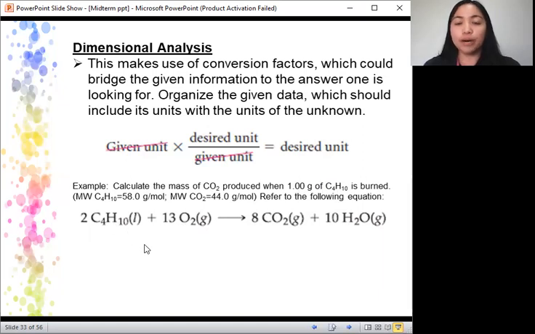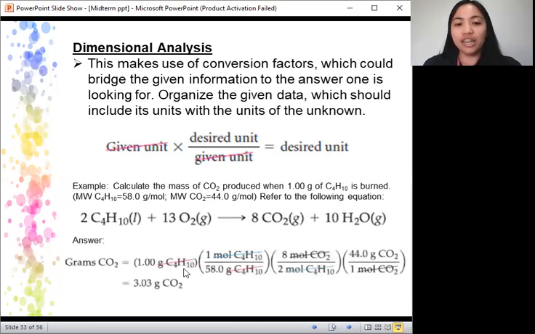So unsaon man nimo pag-calculate para makuha nimo ang mass sa imong CO2. So again, the given unit is C4H10 and then the molecular weight sa imuhang C4H10, that is gram per mole. Okay, so 58.0 gram of C4H10 per 1 mole of C4H10.